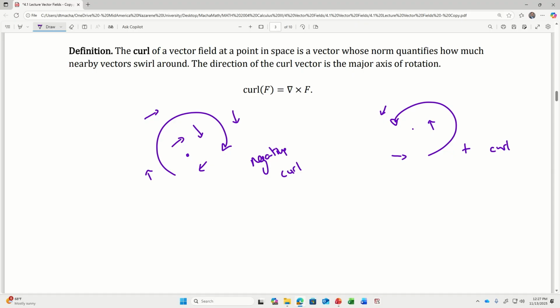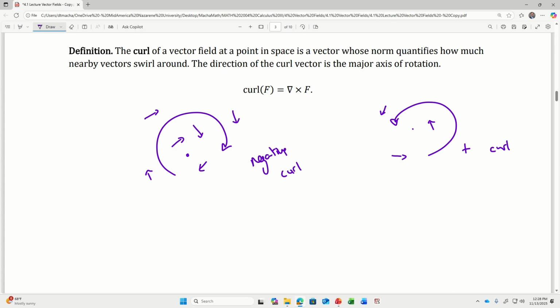So what you actually get when you take this cross product, remember, the cross product gives you a vector, not just a scalar. In 2 dimensions, the analog of curl is more like a scalar, and we'll talk about that. But in 3 dimensions, curl is a vector.